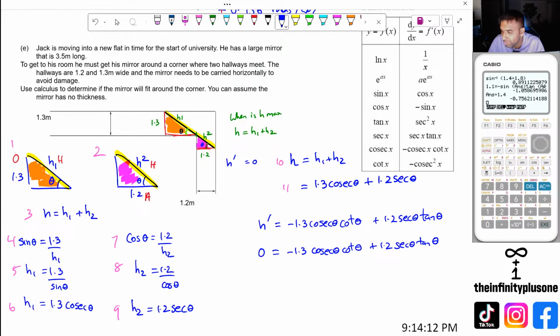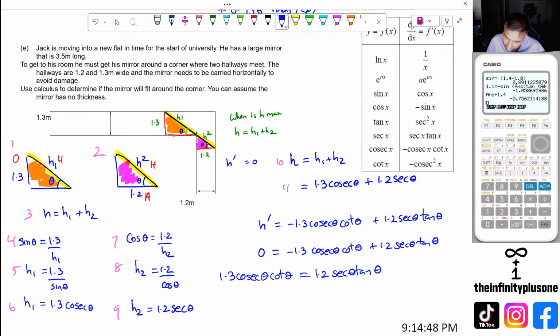But while this looks kind of ugly, I promise you this works out real nicely, because all you have to do is get rid of all the cosec and cot, and replace it with sine, tan, cos. Remember, cot is 1 over tan, and tan is sine over cos. So I'm going to take negative 1.3 to the other side. I'm going to write 1.3 cosec theta cot theta equals 1.2 sec theta tan theta.